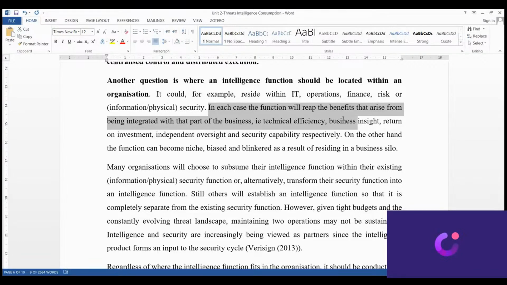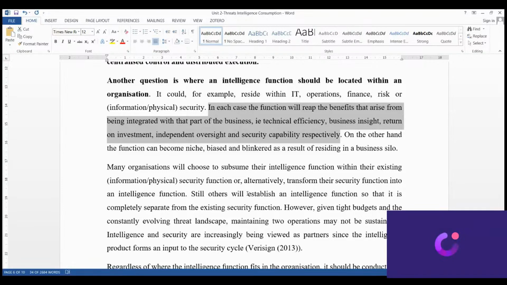These benefits are technical efficiency, business oversight, return on investment, independent oversight, and security capability, respectively. So you can place your intelligence unit in any of these departments: the IT, the operations, the finance, or the risk.